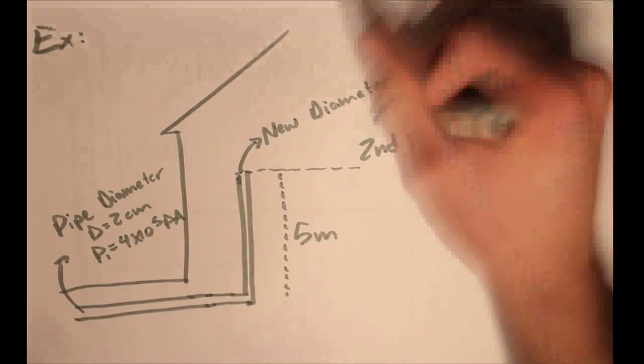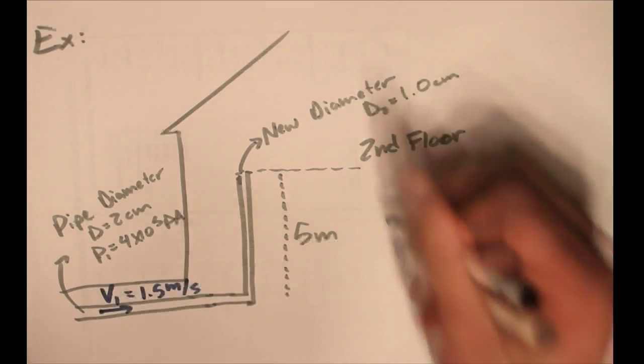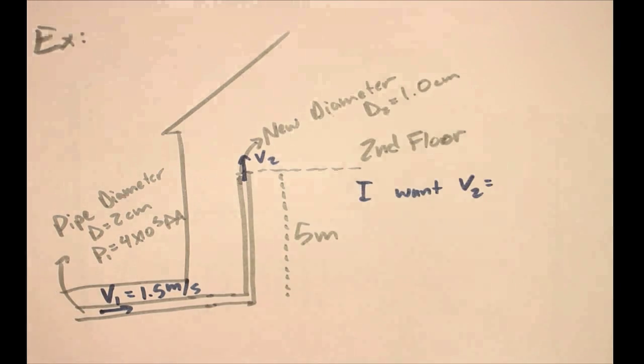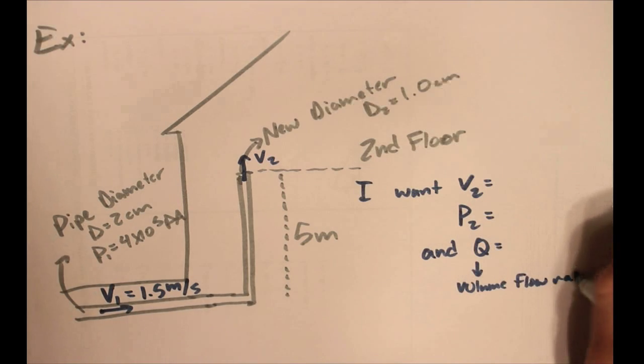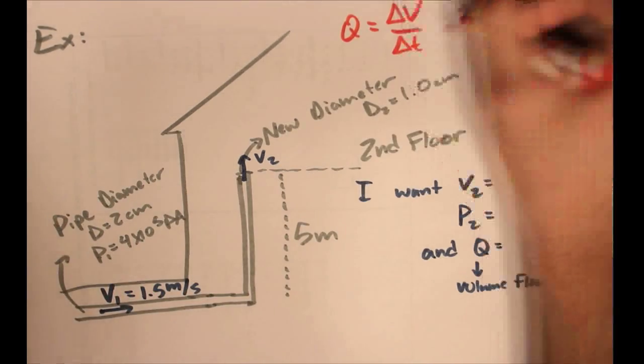The second floor is 5 meters high, and the new diameter of my pipe at the second floor is 1 centimeter. My initial velocity intake is 1.5 meters per second, and I need to know what is the velocity at the second floor, what is the pressure at the second floor, and what is the volume flow rate.